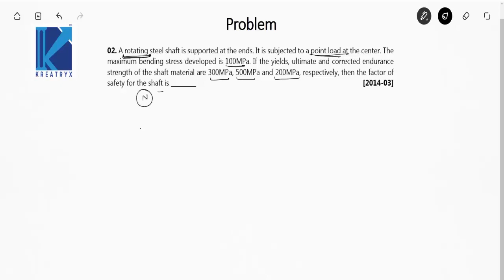Now this is a rotating steel shaft, and as it is rotating, it is subjected to an alternating bending stress.